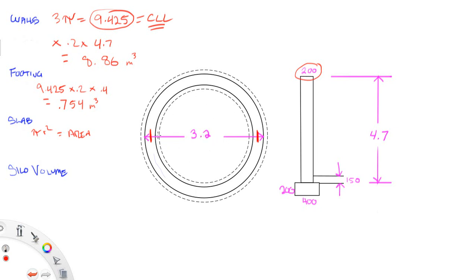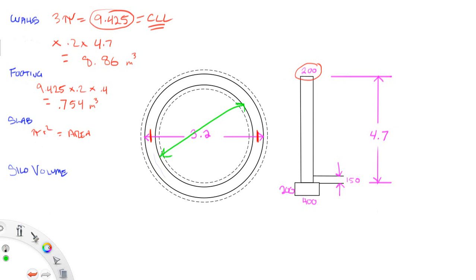To find the diameter of our inner circle, we take our 3.2, which is from outside to outside, and we want to get the diameter from inside to inside. So we have to take 3.2 and subtract from that two wall thicknesses. So we subtract a 0.2 and a 0.2.